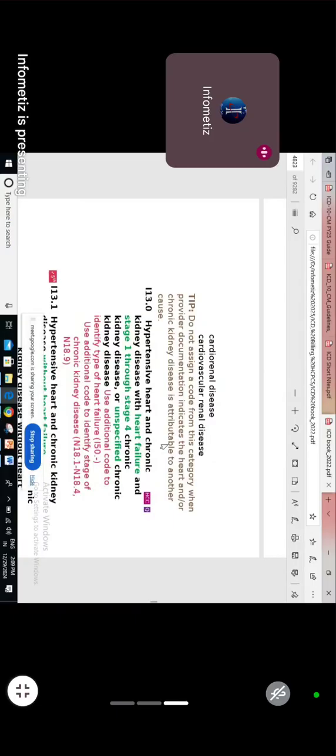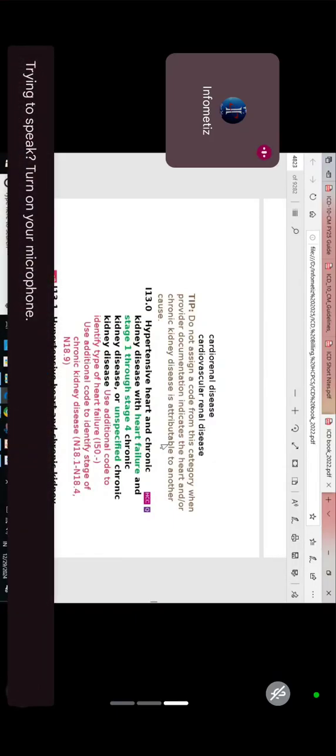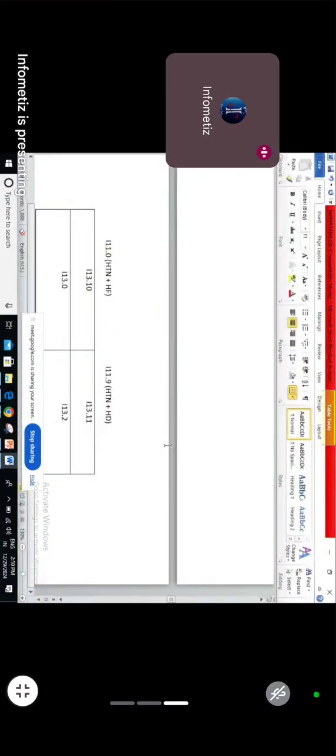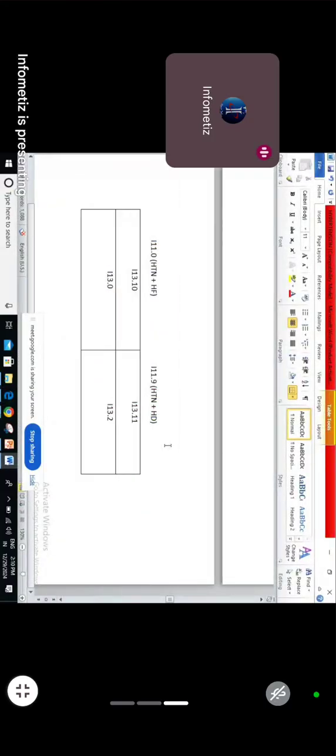I13.0: hypertensive heart and chronic kidney disease with heart failure and chronic kidney disease stage 1 to 4 or unspecified. Can I say this I13.0 is a combination of I11.0 and I12.9?